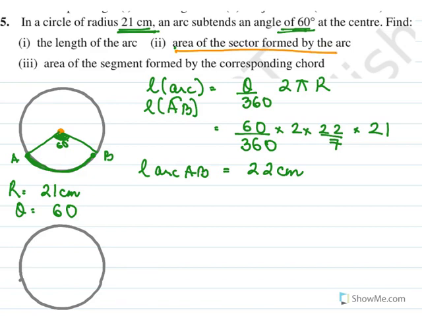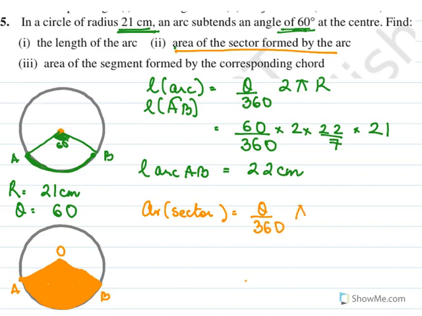Next we have to find the area of the sector formed by the arc. So this was point A and B here, so this was AB, and this was O, and this is the sector formed. So we need to find the area of the sector. For the area of sector, we have theta by 360 pi r square.